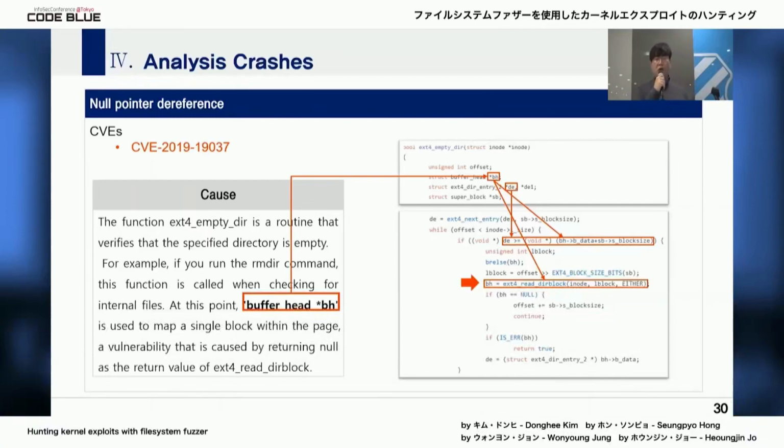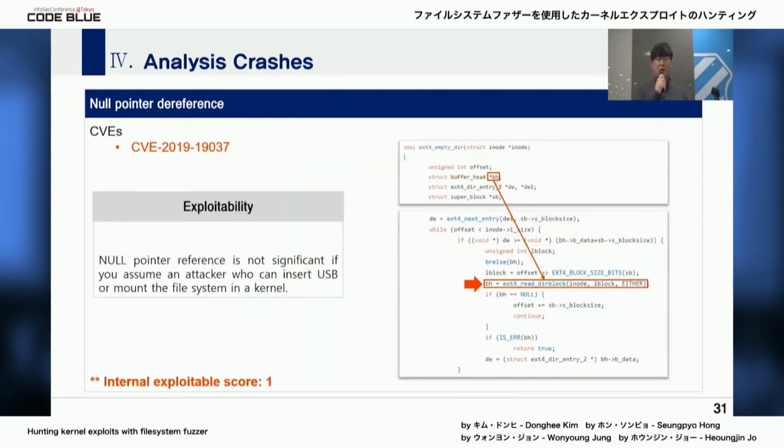If the next loop fails to find the next entry during the loop of the function, if the return value of the ext4_read_dir_block function becomes 0, then the next loop hits a null pointer dereference vulnerability that occurs because the location of the data is not calculated.